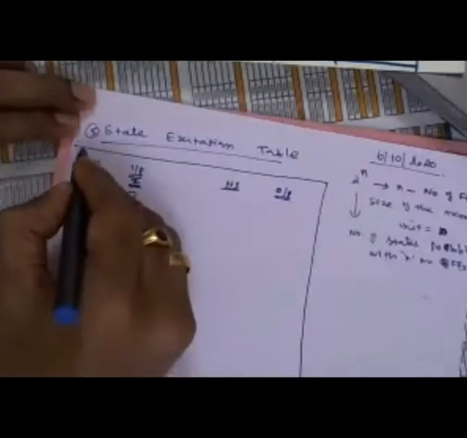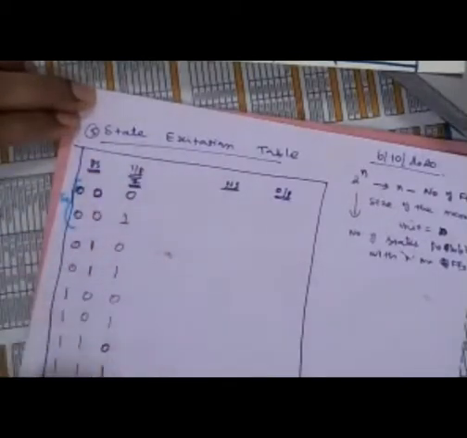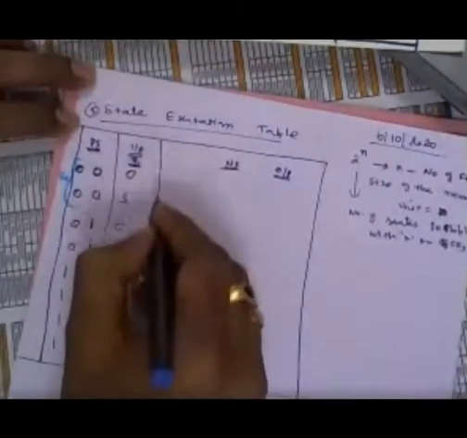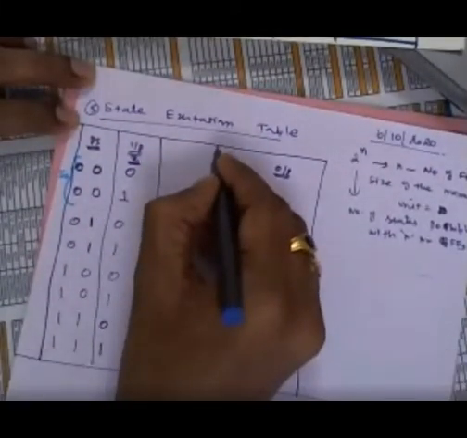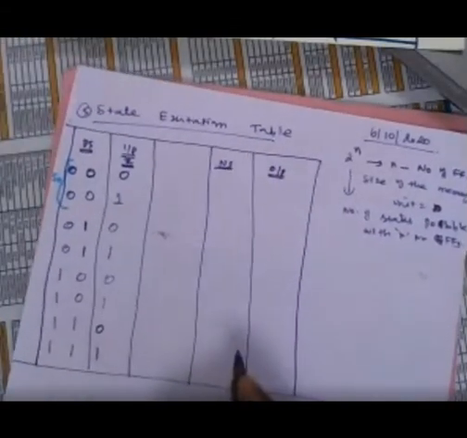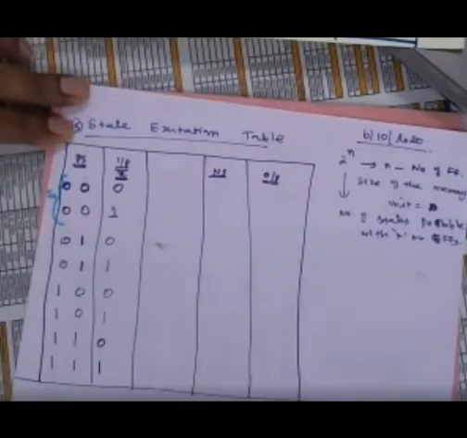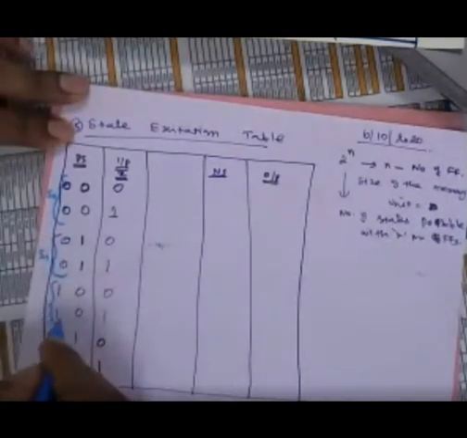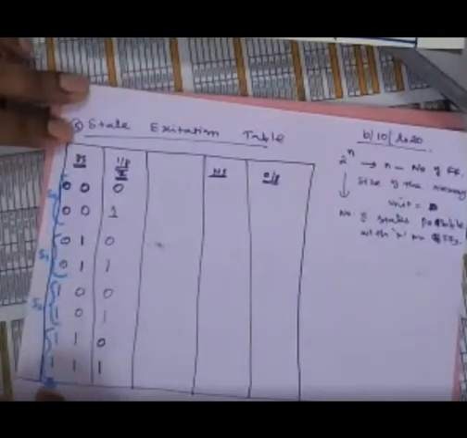So if you draw this table here, we can form the table something like that, right? So this is S0 and this is S1, this is S2 and this is S3.